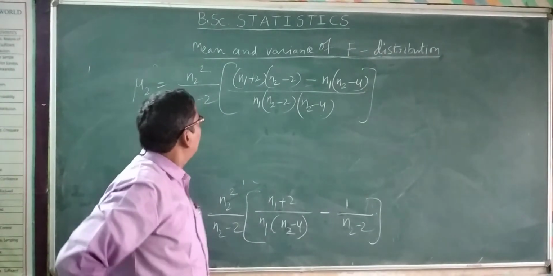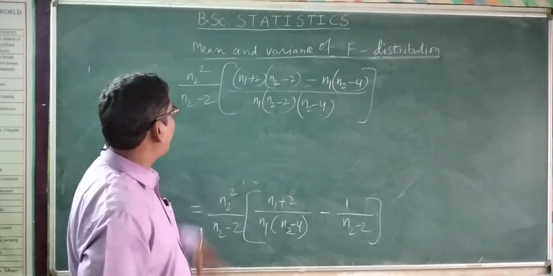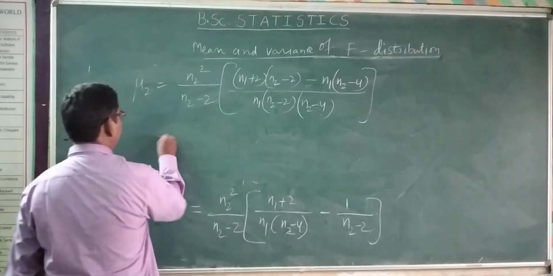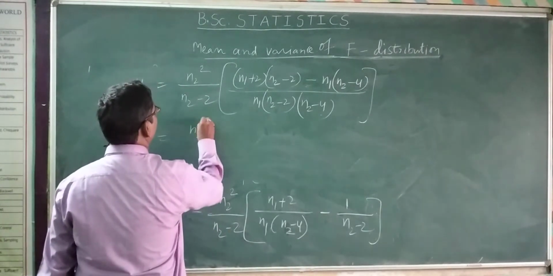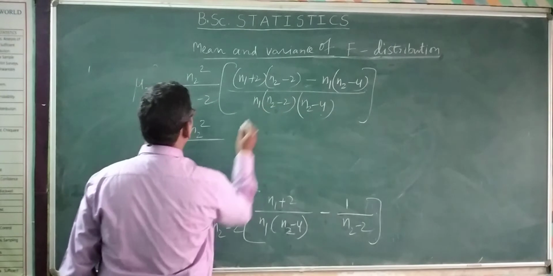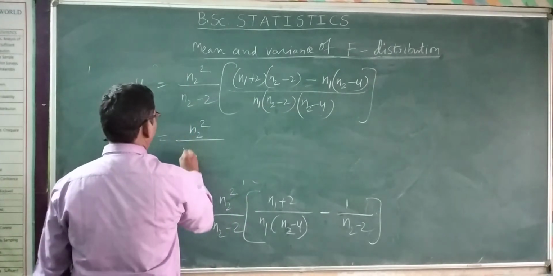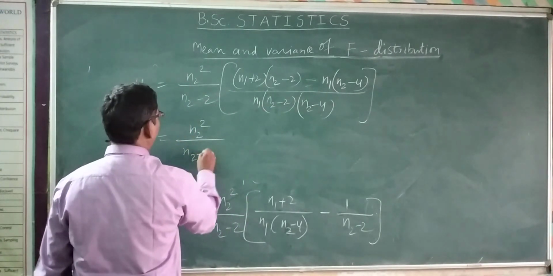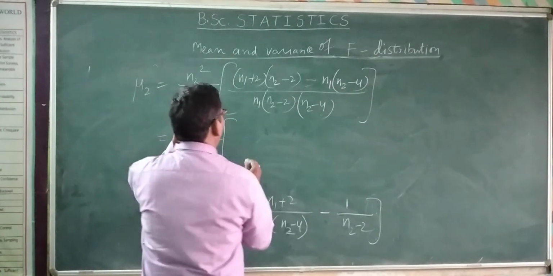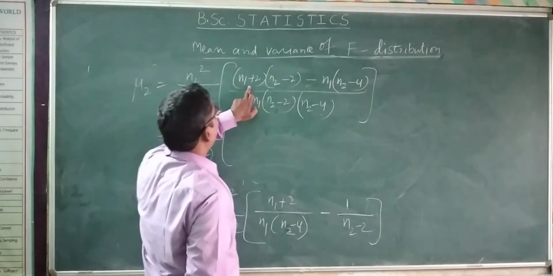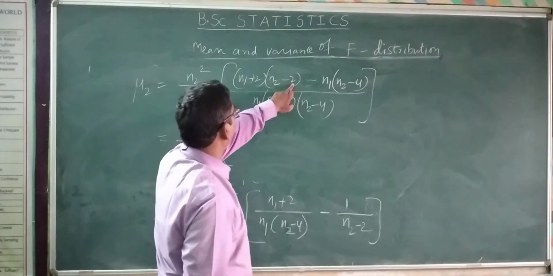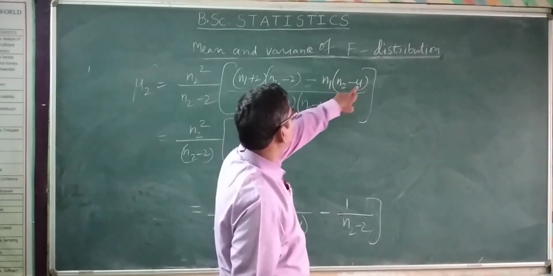So further, what can we cancel? Any terms we can cancel, we'll see. n2 square divided by n2 minus 2 whole square, n1 into n2 minus 2 multiplied by n1 plus 2 into n2 minus 2 minus n1 into n2 minus 4.